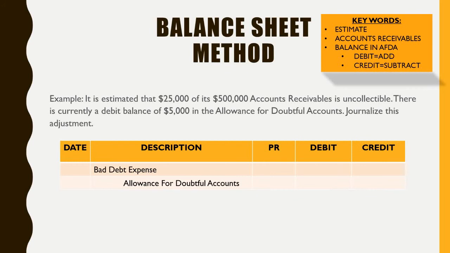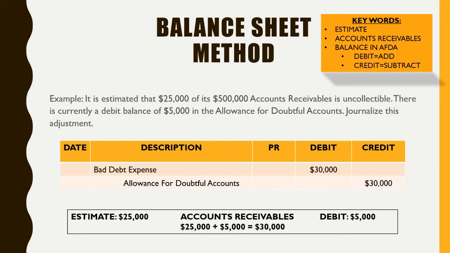Okay? So in order to get to 0, that's 5,000. But I need to get to positive 25,000. So I need to add an additional 25,000 to get to positive 25,000. Therefore, 5,000 plus my 25,000 gives me a total of 30,000, and that's exactly what I'm going to journalize.